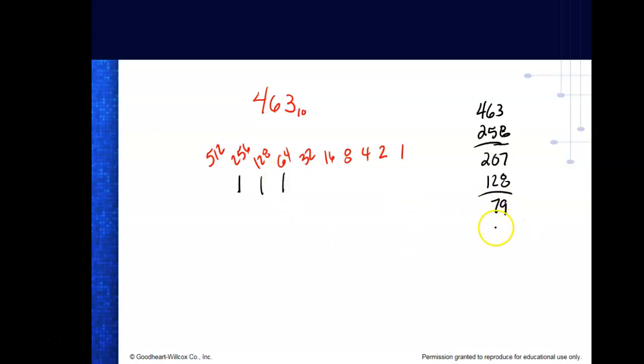I put a 1 right there, and I subtract the 64. What does that leave me? 15. Can I subtract the 32 from 15? No. Can I subtract the 16 from 15? No. Can I subtract an 8? Yes. What does that leave me? 7. Well, I can do that. That's a 7. So that's the binary number.